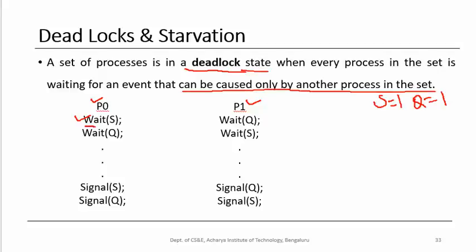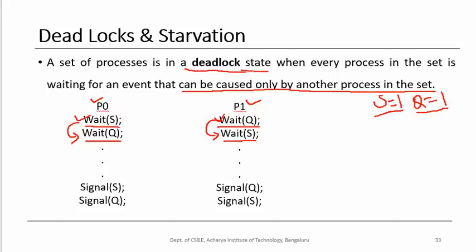Wait of S of P0 gets executed first. It will not stop the process from going to the next statement because the value of S is equal to 1. Now before P0 executes this, let's say P1 executes wait of Q, okay, and Q is equal to 1, so P1 will not wait on Q, it will go to the next statement.